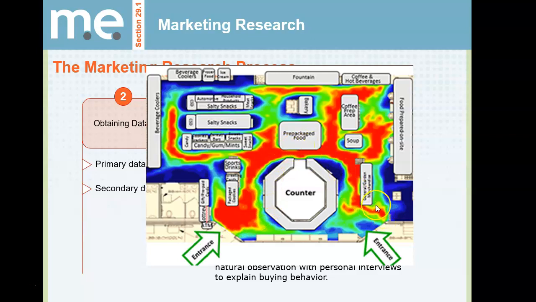So if you're a company that sells impulsive items, you want to be where it's red because this is where people travel. This back corner right here, the two beverage coolers where they meet, that is blue, and it's obviously cold because people don't go there. So what's back there? I'm honestly not sure, but the point is, you can even see here, here's the salty snacks aisle.